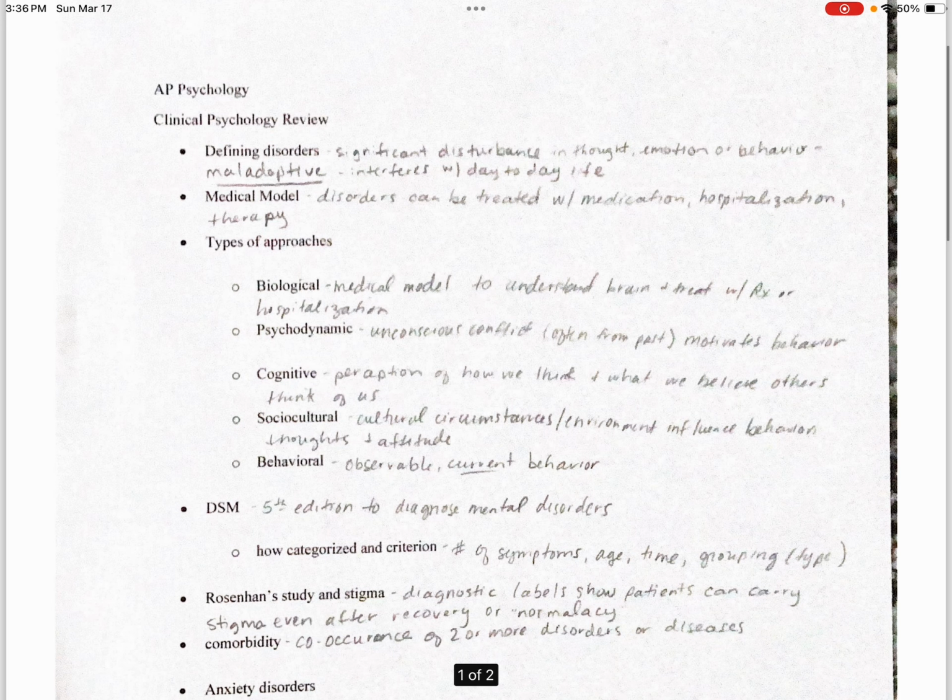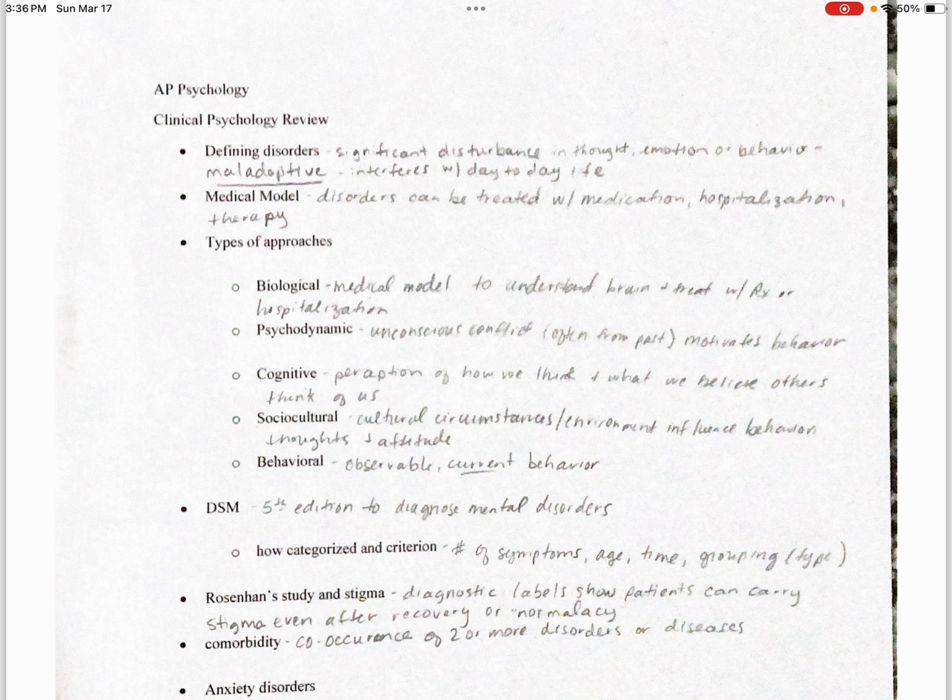So the types of approaches, now you're familiar with all of these, but keep in mind when we're talking about clinical psychology, the different approaches depend on how we interpret and think about the way that they're going to be treated and the way we're going to analyze it. The biological approach uses the medical model to understand the brain and treat with prescription.